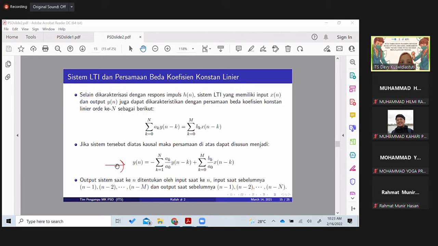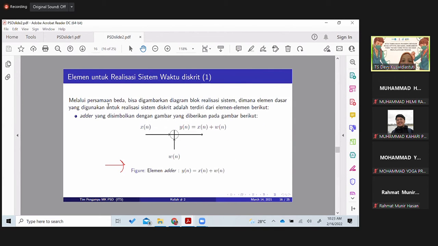If you already have this equation, you could begin to draw the plan of the realization of your system, where basically you could draw these blocks based on the mathematical formulation in this equation.